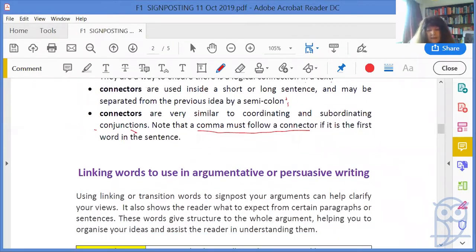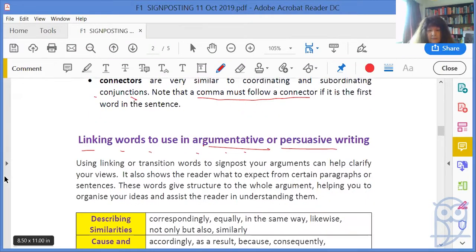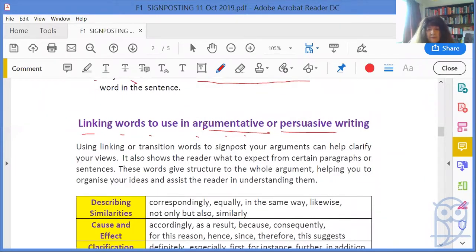Right, here are some linking words that you can use in argumentative or persuasive writing. And why would we use them? Using linking or transition words to signpost your arguments can help clarify your view. If you don't know what it is, how can you tell other people?